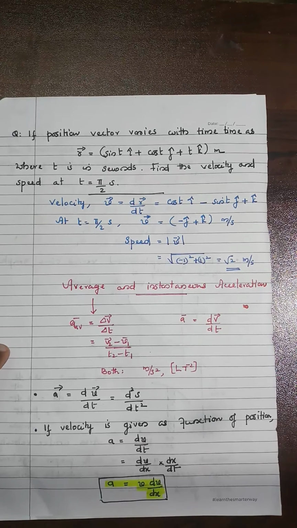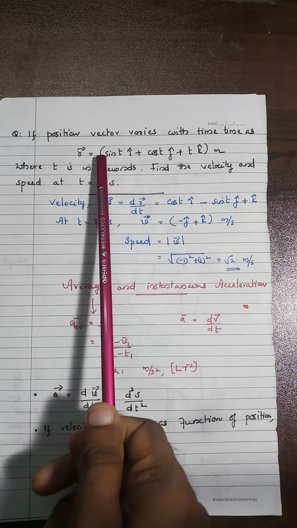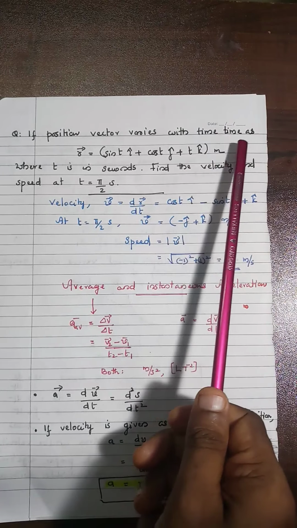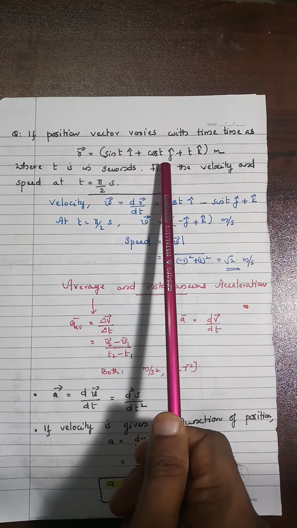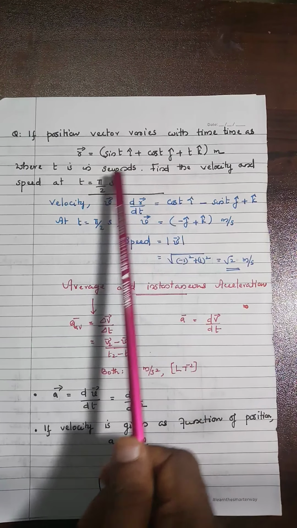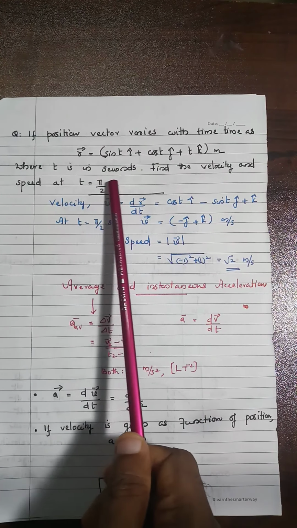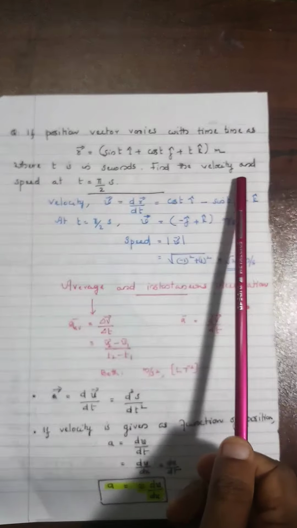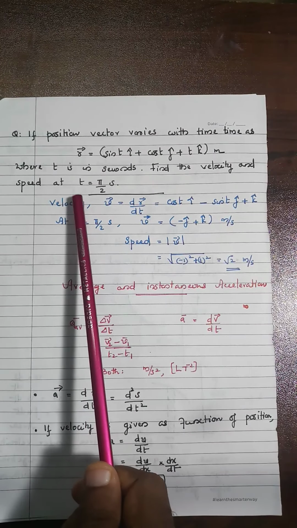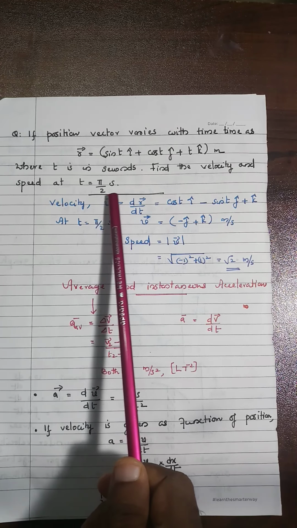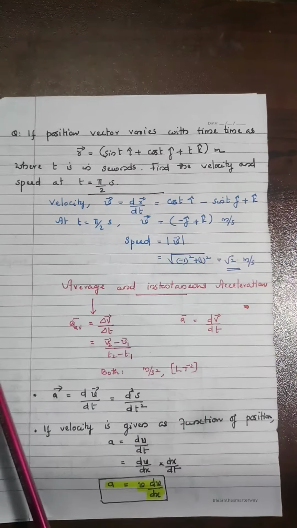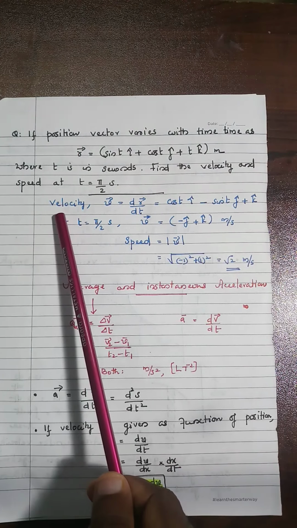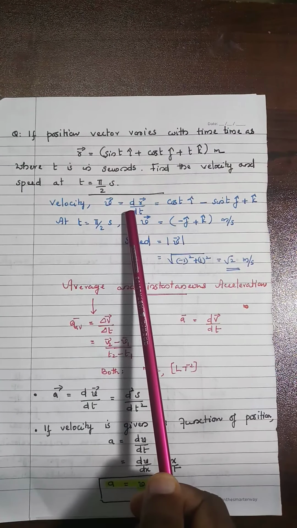A previous year question. If the position vector varies with time as r equal to sin t i plus cos t j plus t k cap, where t is in seconds, then find the velocity and speed at t equal to pi by 2 seconds. Here r is given, depending upon time, and hence we can easily find the velocity function by differentiating with respect to time.